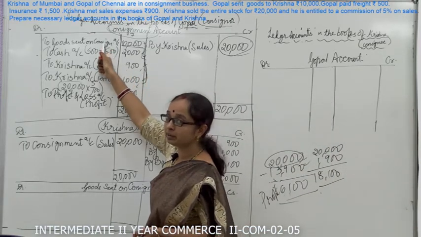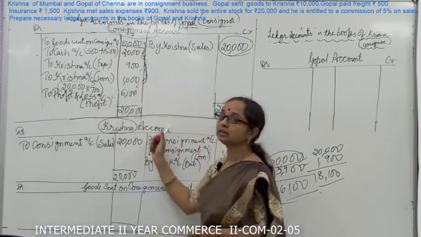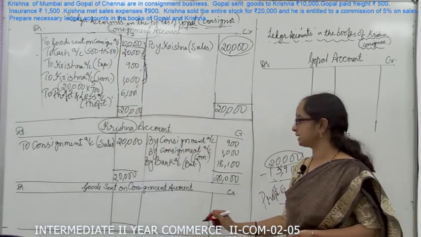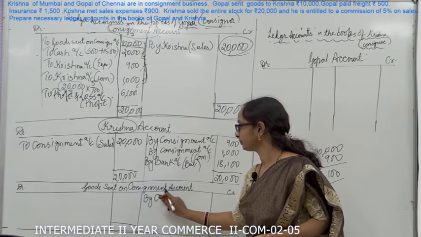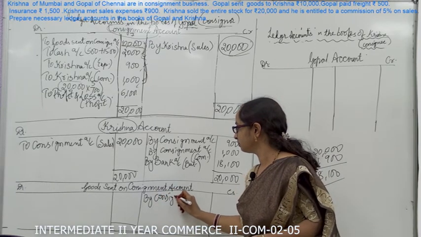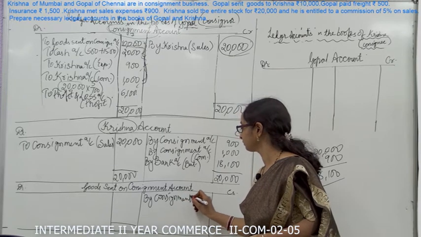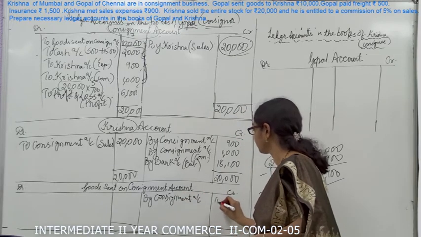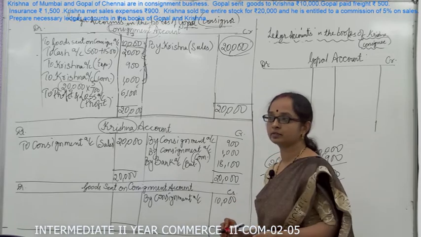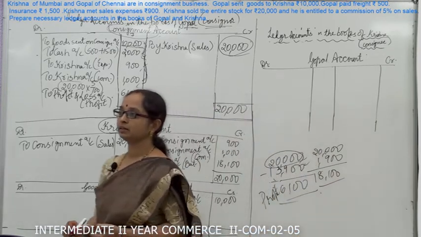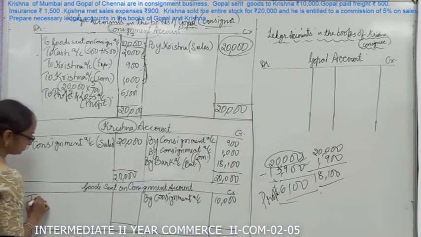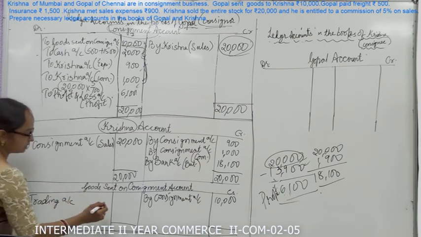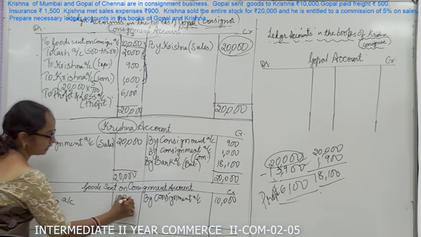If it is debit on the consignment account, here we have to write it on the credit side. So by consignment account 10,000. Okay, this has to be transferred to trading account.